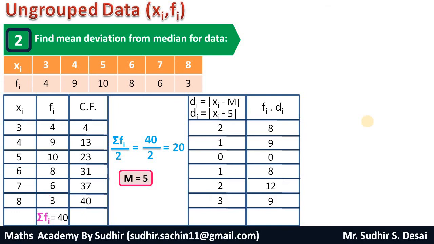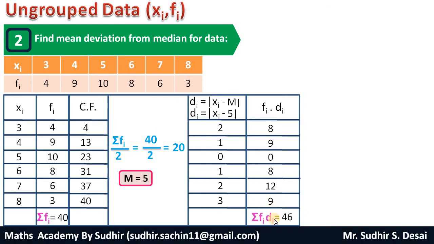Now we have to take the summation of this last column fi di, that is the addition of each entry. So 8 plus 9, 17, plus 0 is 17, 17 plus 8, 25, plus 12 is 37, plus 9 is 46.